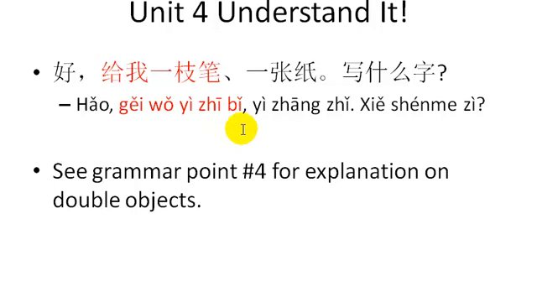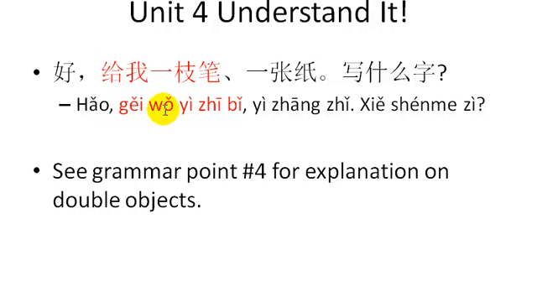Now, take a look at grammar point 4. You may want to pause right now and go take a look at it. It goes over the idea of double objects. Usually after a verb, in the most simple form of grammar, you have one object. 给我, give me. You could put a 你 in here. 你给我, you give me a pen. Subject, verb, object.